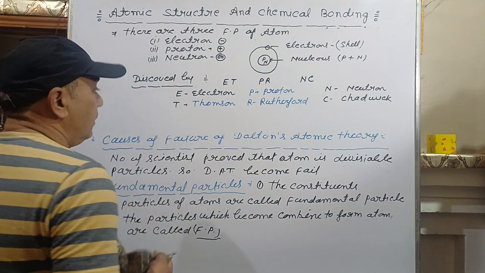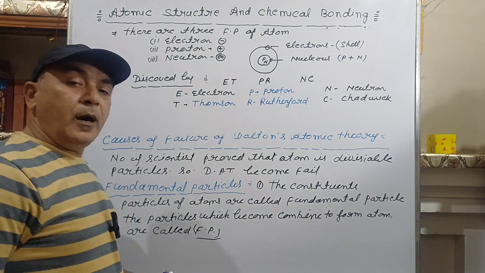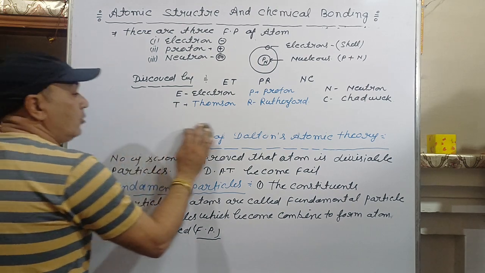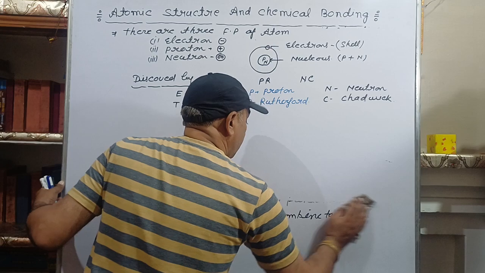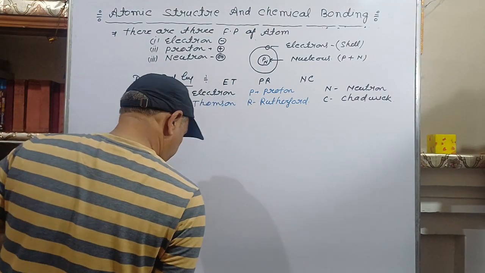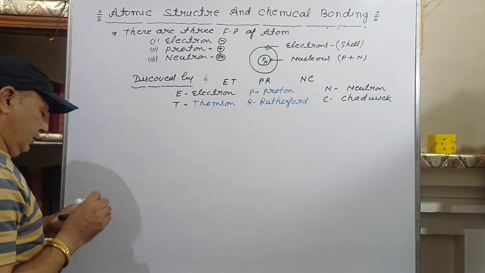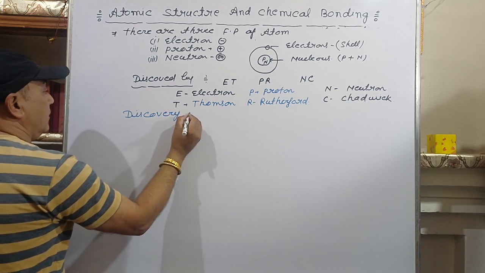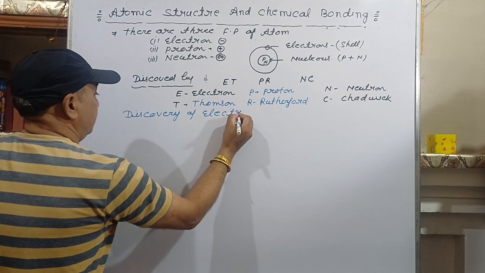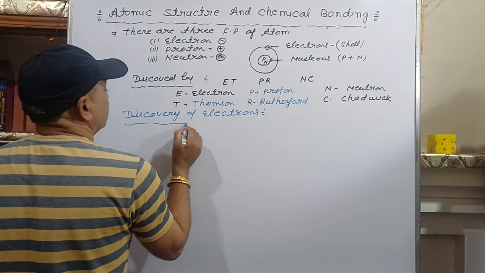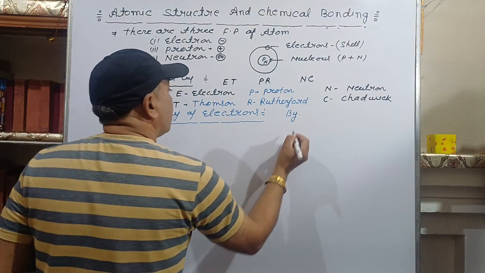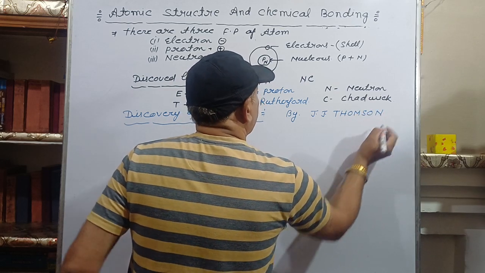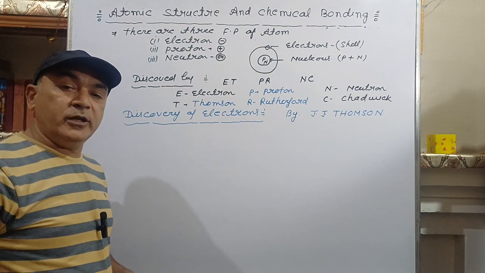Now we are going to discuss the discovery of electrons: how electrons were discovered and who discovered them. The discovery of electrons was done by J.J. Thomson. J.J. Thomson discovered electrons by using a simple discharge tube.